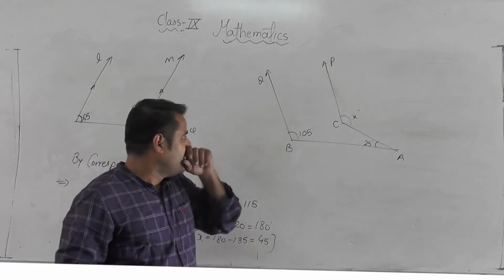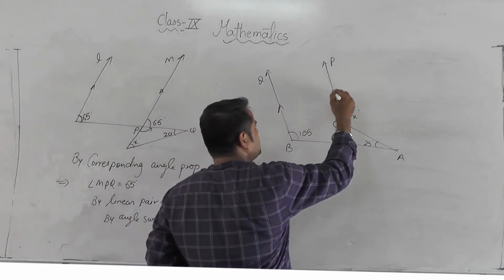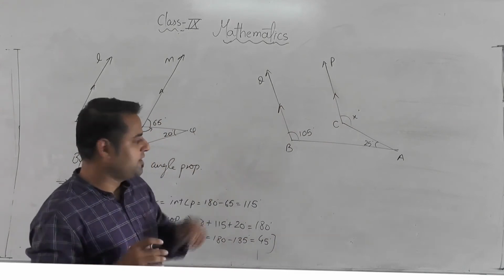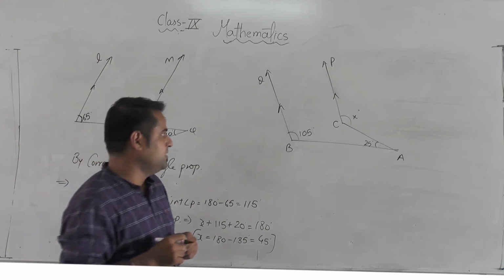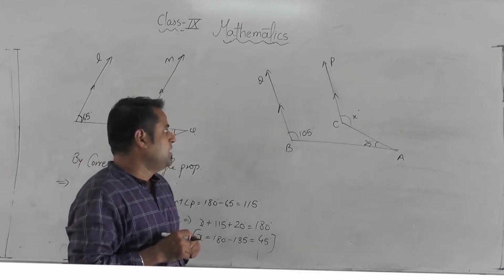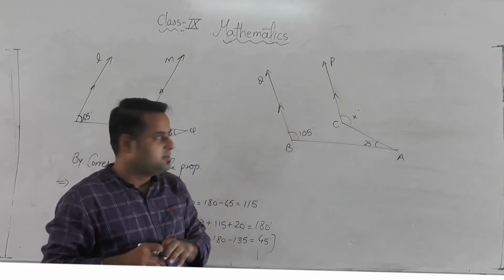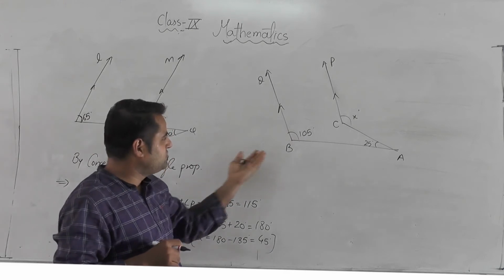Let's see now. These two lines, as you can see, this PQ and CP are parallel lines, right? First of all, you need to find the parallel lines. Now, what we can do here is extend this AC line so that we can apply a few of the properties, or else we can join this BC.